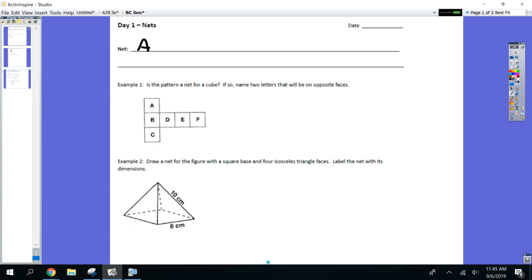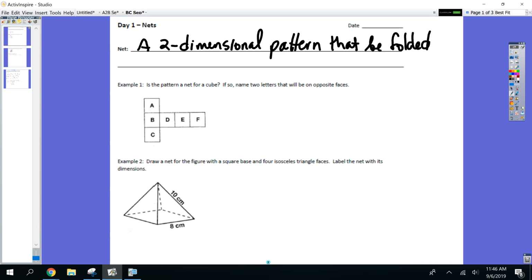It's a two-dimensional pattern, so something that's got length and width. A two-dimensional pattern that you can fold, so that can be folded to form a three-dimensional object.